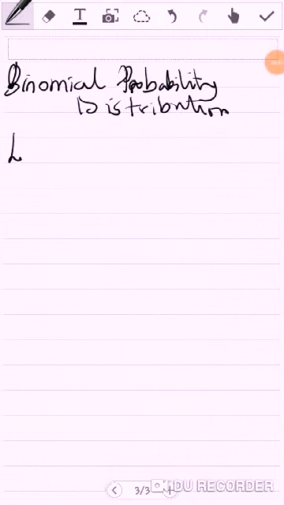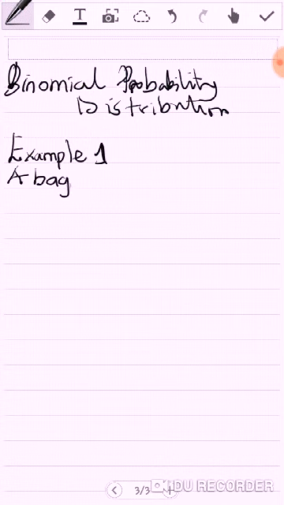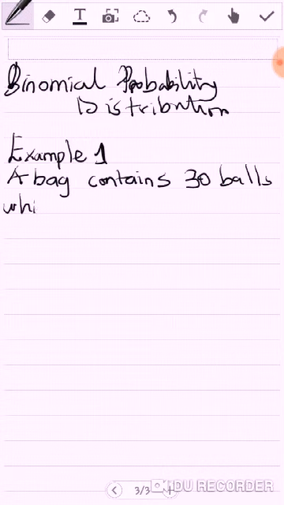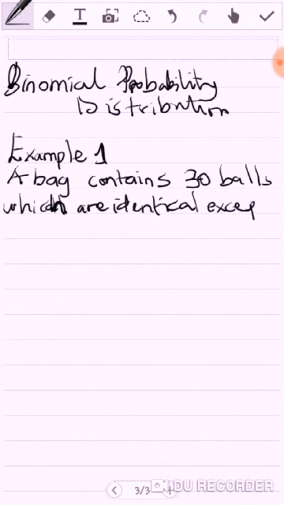So for example, example 1. A bag contains 30 balls, which are identical except for color.